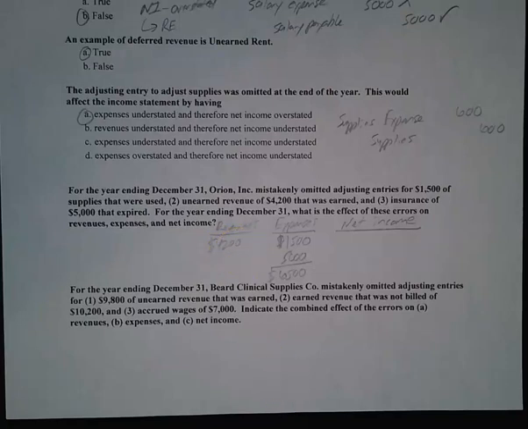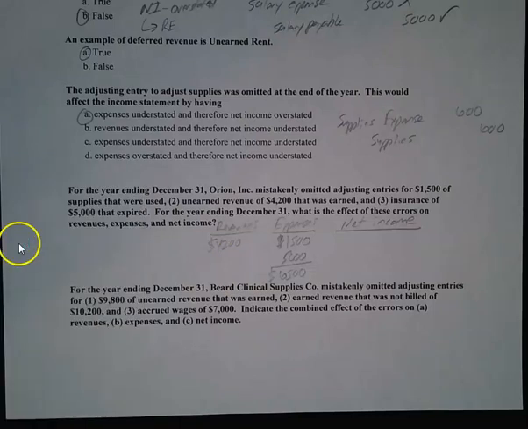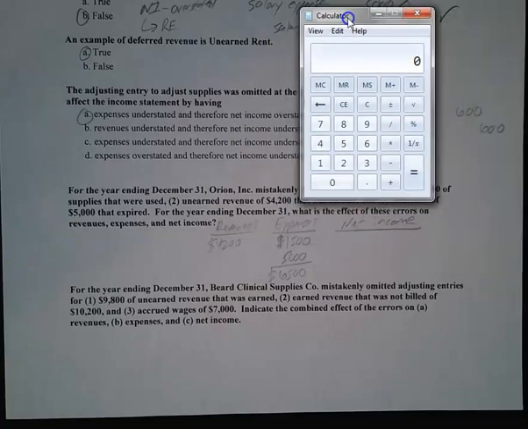So what is the impact on net income? Well, now I want you to stay with me here. We had $4,200 in revenue that we didn't count.